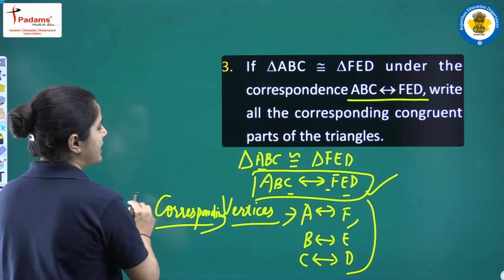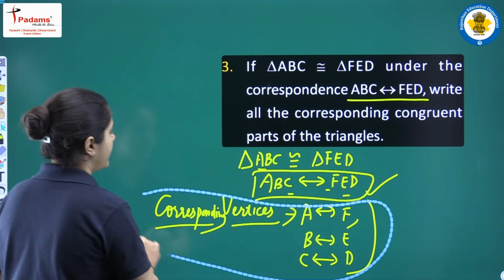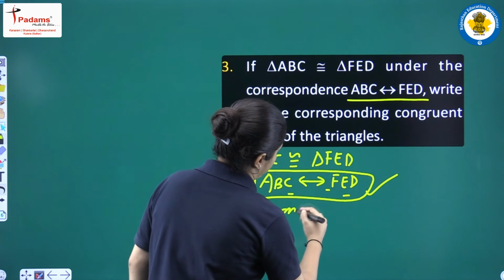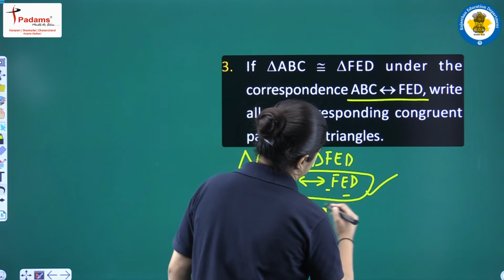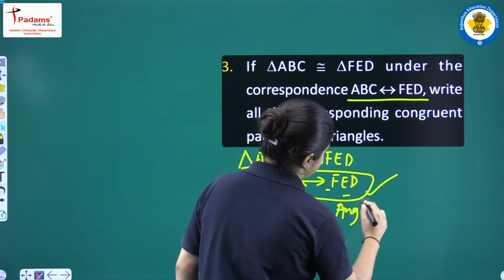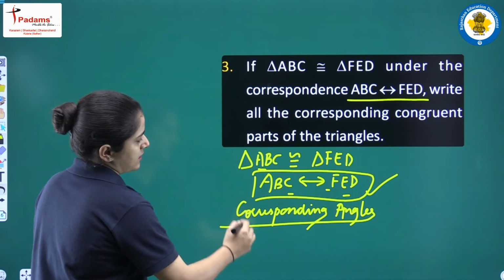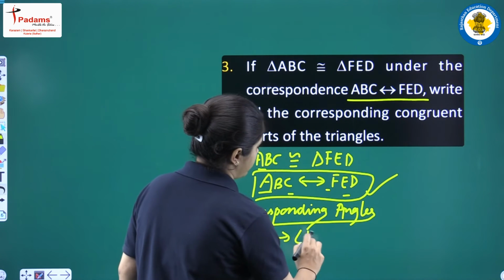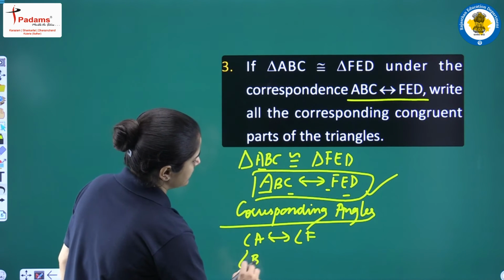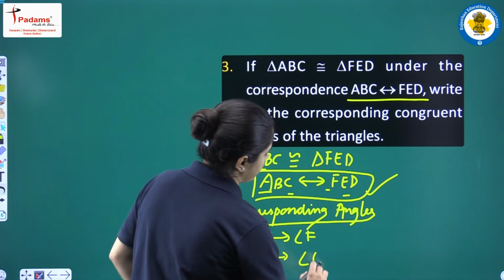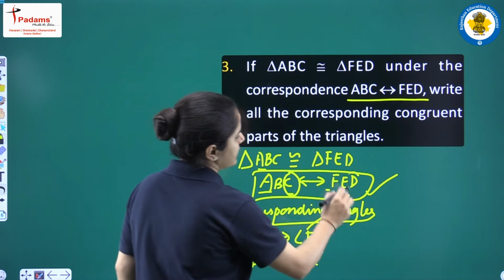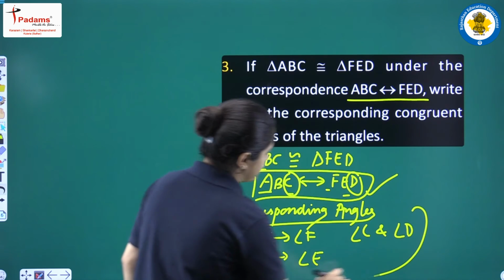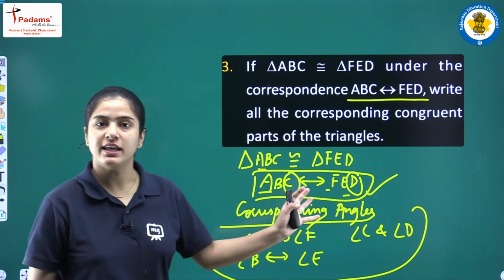Now we'll be having a look at the corresponding angles. Angle A and angle F, angle B and angle E, angle C and angle D. Alright, these are corresponding angles.